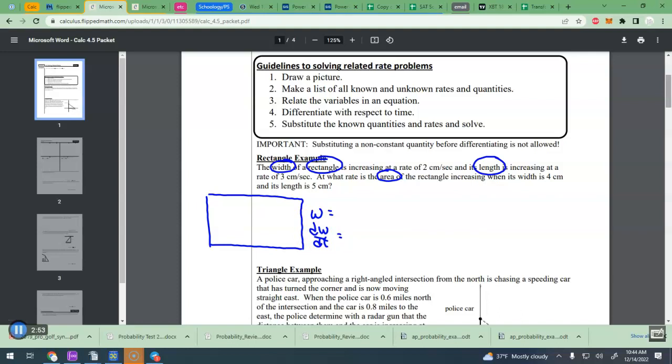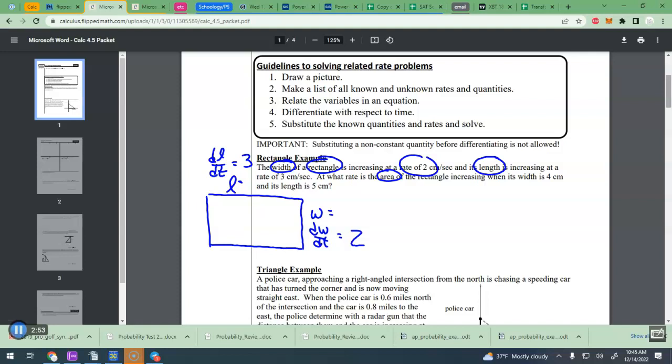If the width is increasing at a rate of 2, is that W or dW dt? That's the change, the rate, so that's your derivative level, so that's dW dt. And then this would be my L, and it's probably got a dL dt attached to it also. The length is increasing at a rate of 3, so since that's the rate, that's the derivative level, so dL dt is 3.